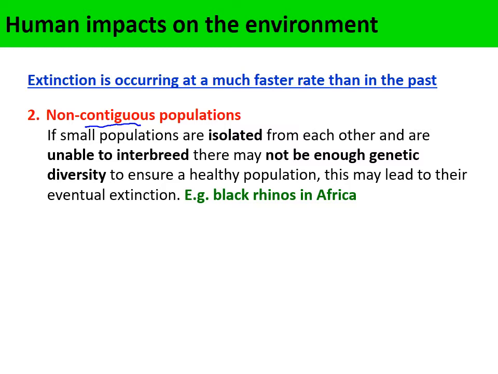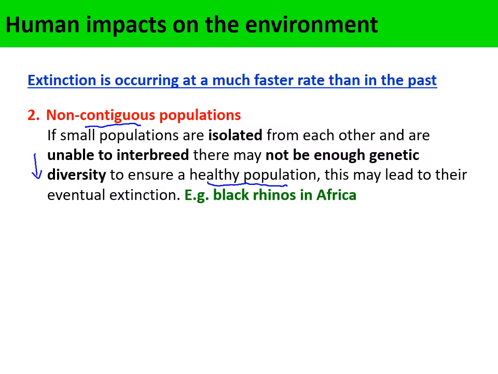So there's a lack of gene flow. And these really small populations have a reduction in genetic diversity. So the number of different alleles becomes reduced in the gene pool for these really small isolated populations. And that reduces the genetic health of the population. So these small populations might become more susceptible to different types of infections, and they also might not be able to adapt to a changing environment.